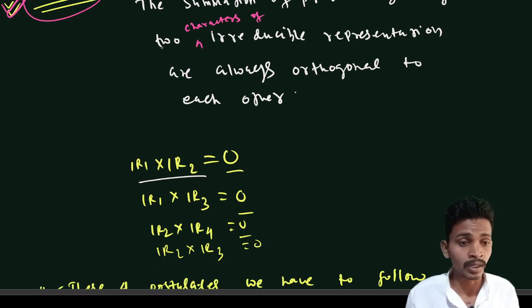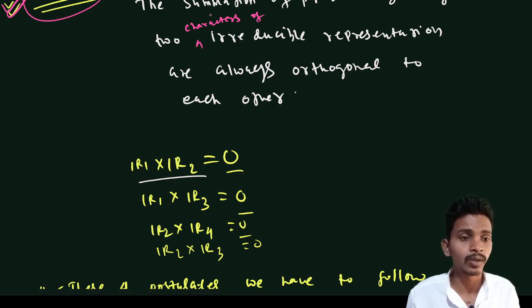Previously also it was right, but from that time I had not added the characters. If you add characters, then we have to add the summation, or the simple previous one is also right.